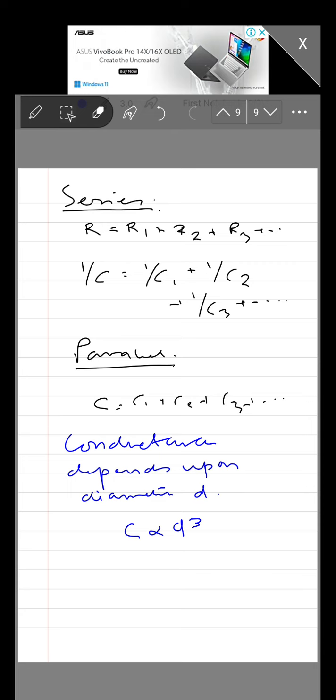Now, since the speed of pump and the conductance have the same dimension, the relationships for series and parallel will also be applicable to the speed of the pump.